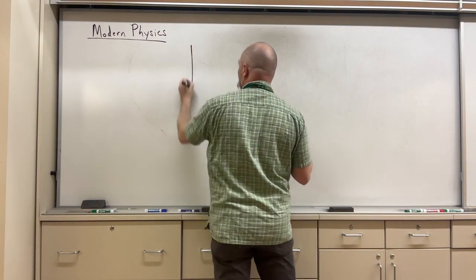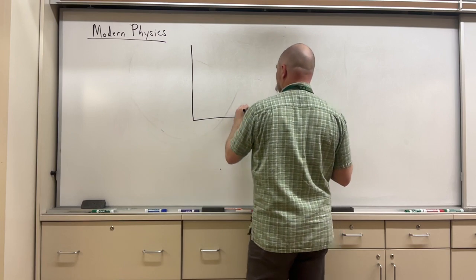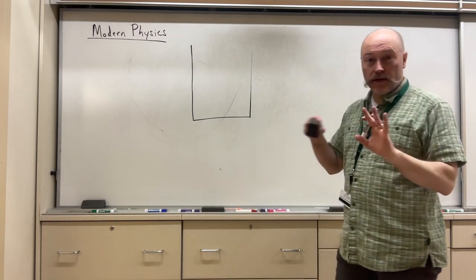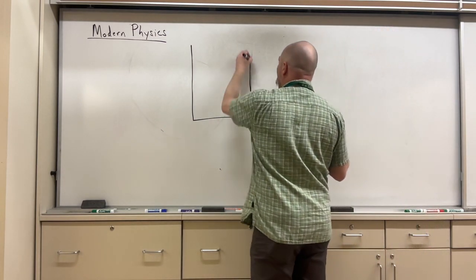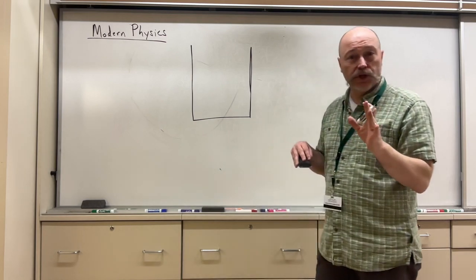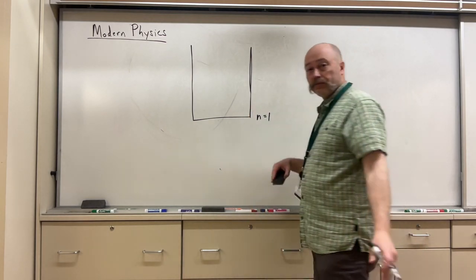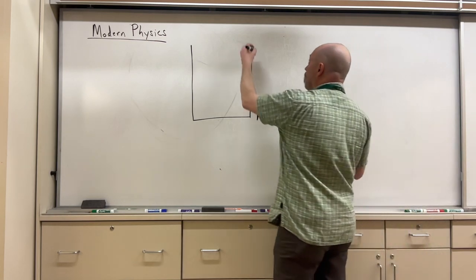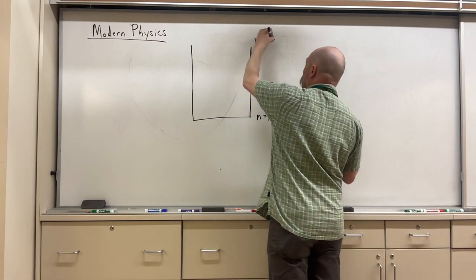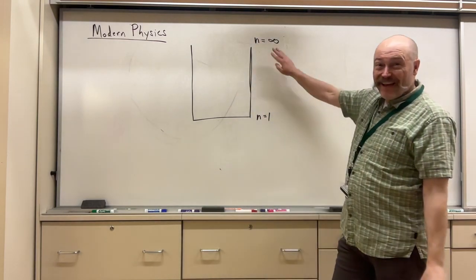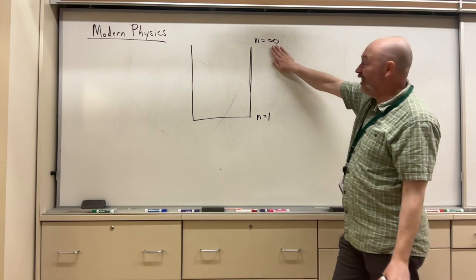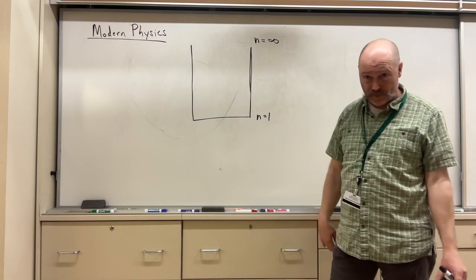He said you can think of the electron levels as sort of like an energy well, and we've done this before. I'm going to call this n equals 1, and up here n equals infinity. Infinity means that electron is not part of the atom anymore.